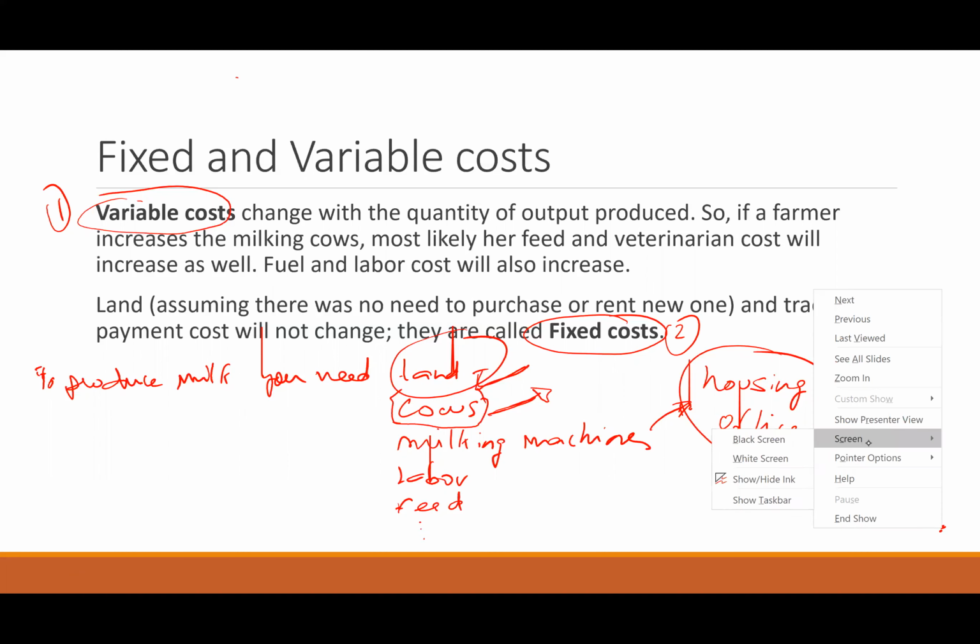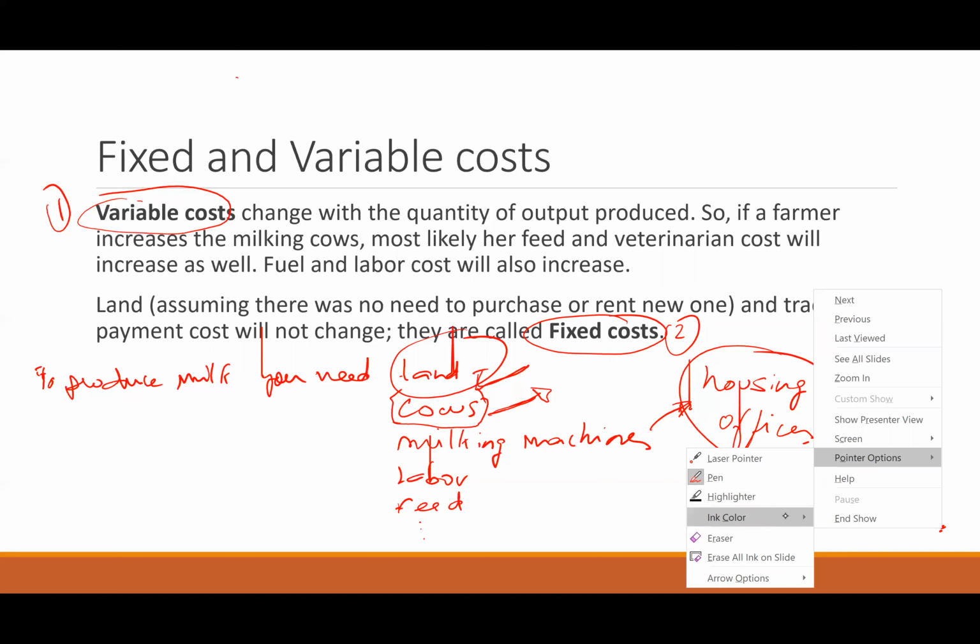So the variable costs are the costs that the producer incurs as she's producing goods and services.